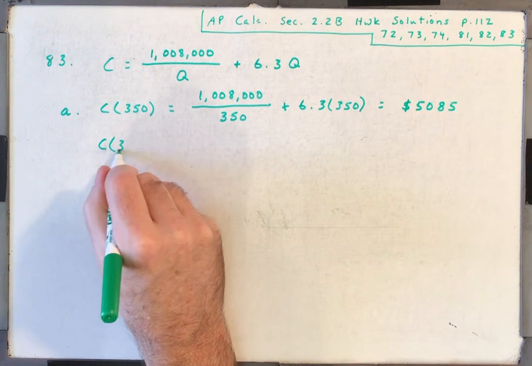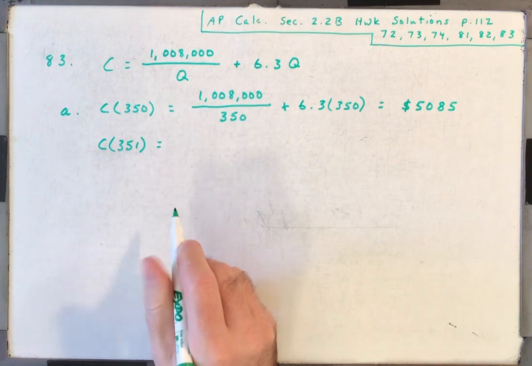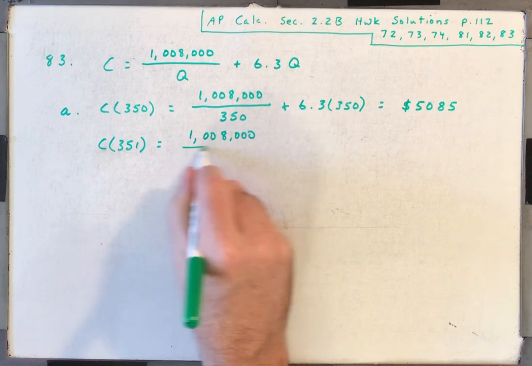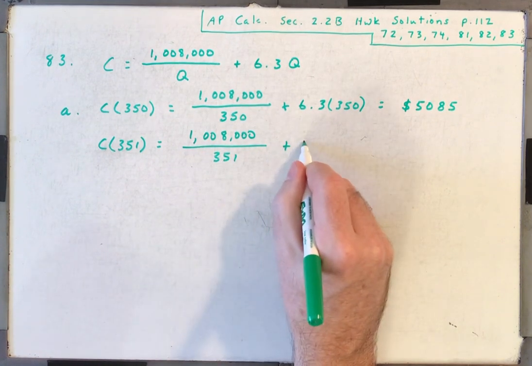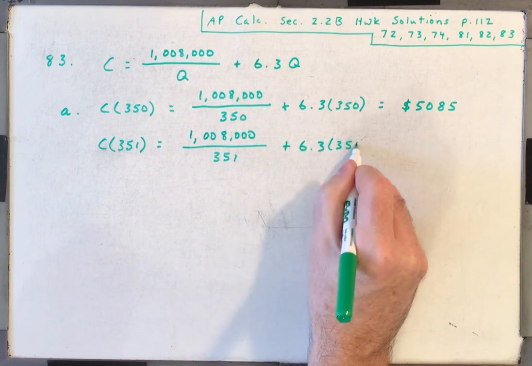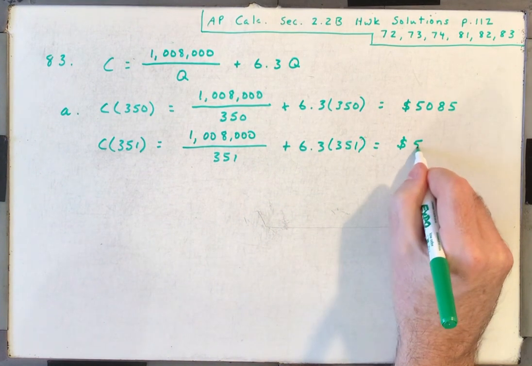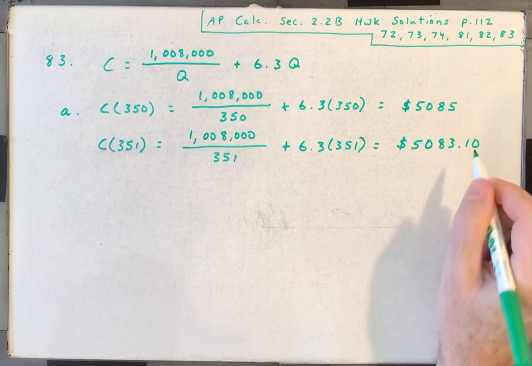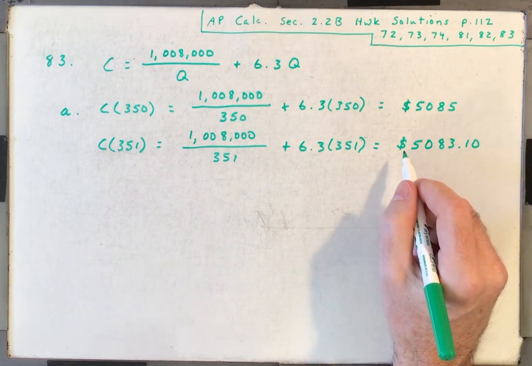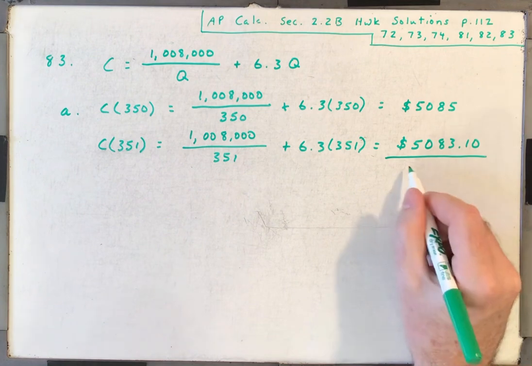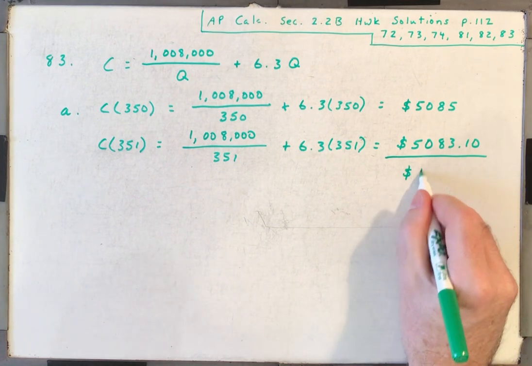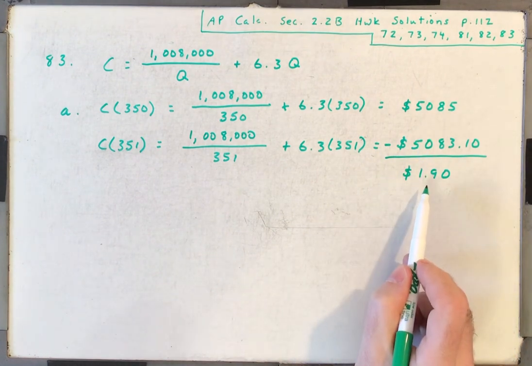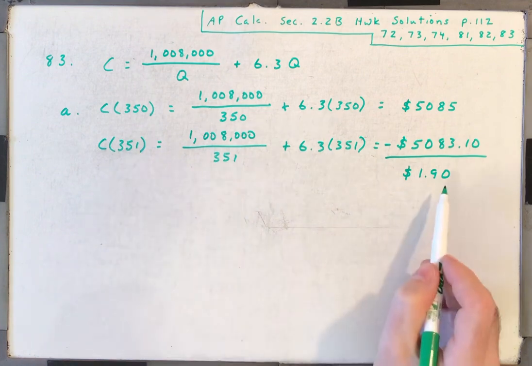And then C of 351, we're just going to put a 351 instead of a 350. And that is 5,083.1. So the difference in cost is $1.90. So you save $1.90 when your order size goes up by 1.